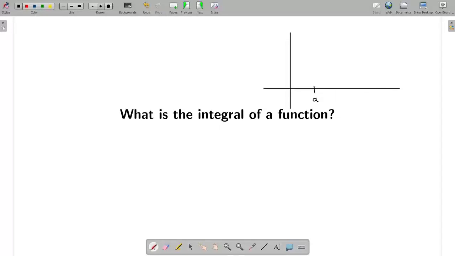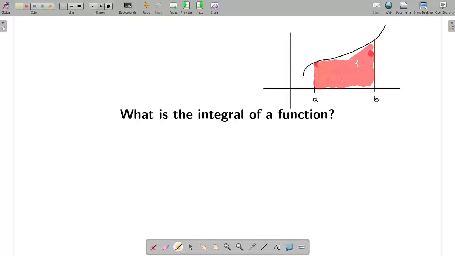Let's see, this is a and b, and if this is our function, then the integral is the area under this curve. So it's everything that lies between these 2 points. All of this area we want to compute is the integral of this. So this is what we should try to understand in this topic.